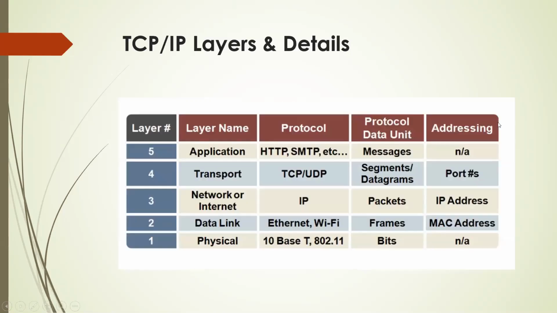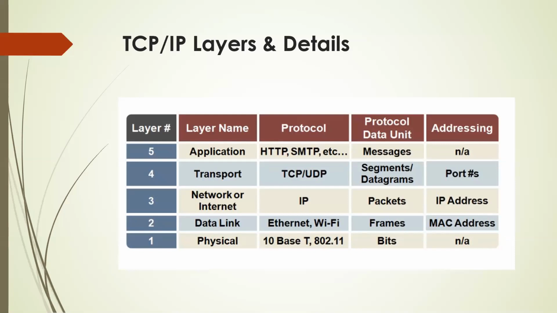This diagram shows the protocols, protocol data units, and addressing schemes used by the different layers. In the physical layer, the protocols used are 10BASE-T and 802.11. In the data link layer, Ethernet and Wi-Fi.